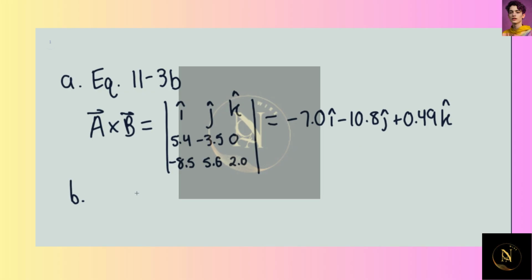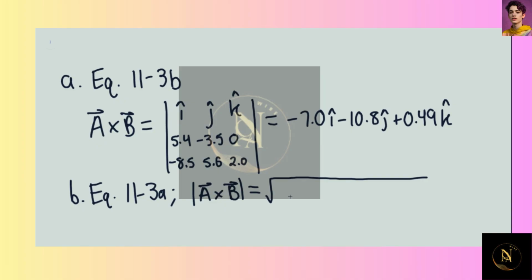For part B, now we want to use 11.3a to find the angle between the two vectors. So we can say that first, the magnitude of the cross product would equal the square root of negative 7.0 squared plus negative 10.8 squared plus 0.49 squared.